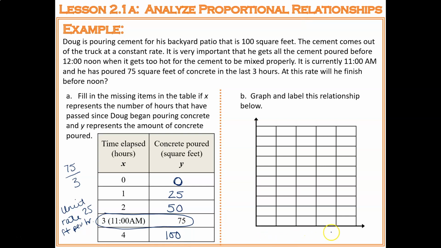Remember, here's our x-axis, and it's hours passed, or time elapsed, and this is the amount of concrete poured. Here I'm just going to go by ones, and there's enough room for me to write every single one in.